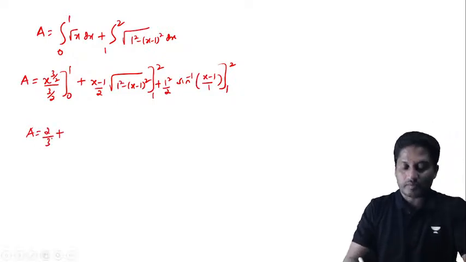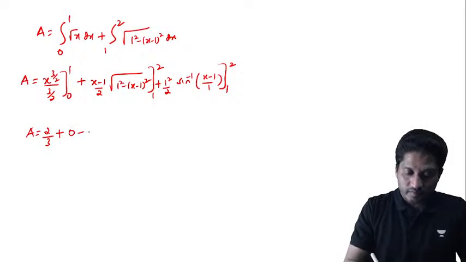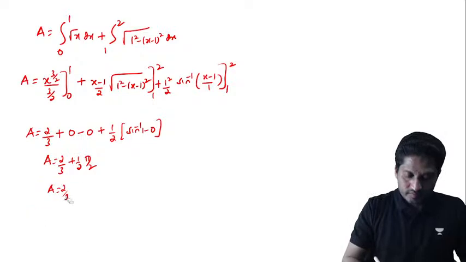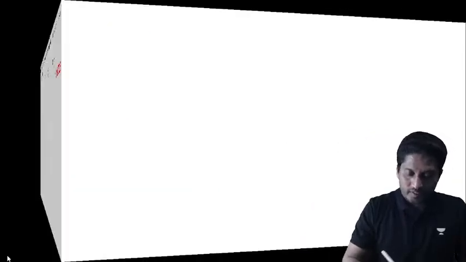Now if you substitute upper limit 2, this is 0. Lower limit 1 minus 1 is 0. 1 upon 2. Upper limit is sine inverse of 2 minus 1 is 1. And lower limit is 0. Area is equal to 2 by 3 plus half of sine inverse of 1 is pi by 2. This is 2 by 3 plus pi by 4.